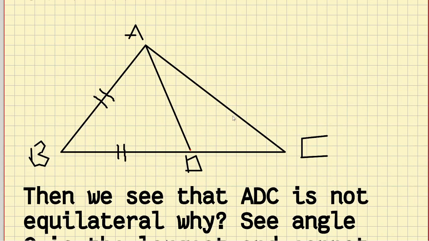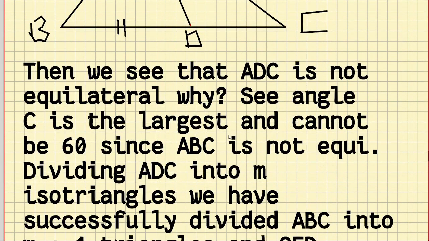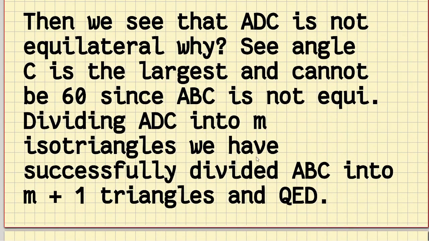And if I am able to divide this into m isosceles triangles by the induction hypothesis, then see, I have successfully divided ABC into m plus 1 isosceles triangles, since ABD is an isosceles triangle. This proof sometimes strikes, so you can reverse the video a little bit to see why this was true. And we have successfully divided ABC into m plus 1 triangles, and yes, we have proved it.